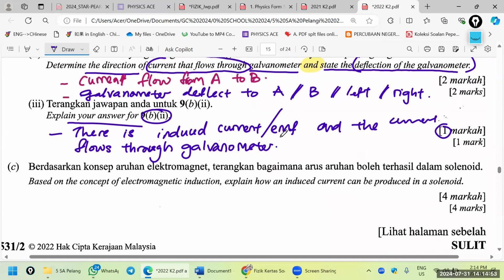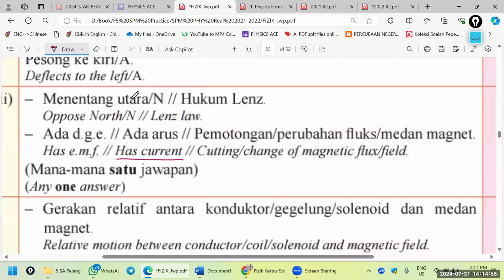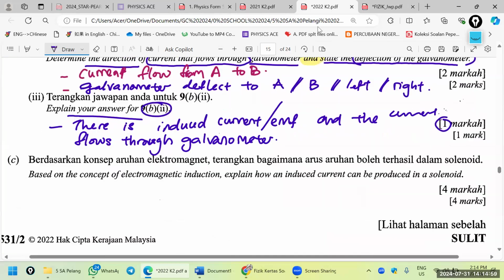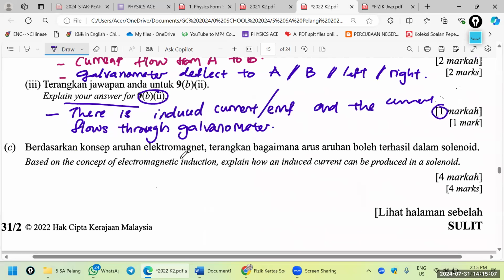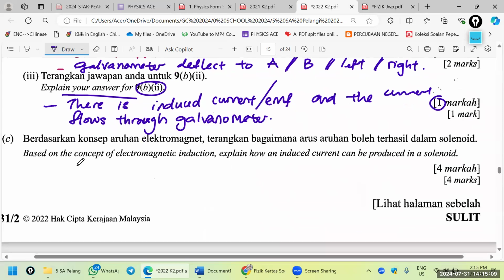Or if you want to say the Lenz's law also can. The Lenz's law makes the current flow in clockwise rotation, anti-clockwise rotation. All right, now based on the concept of electromagnetic induction, explain how an induced current can be produced in the solenoid.